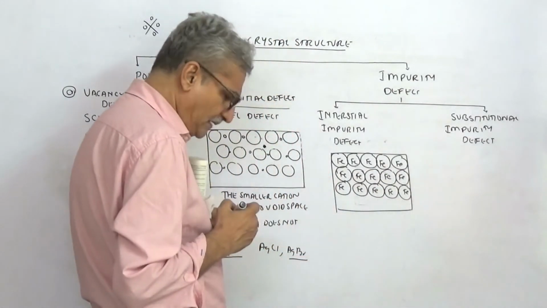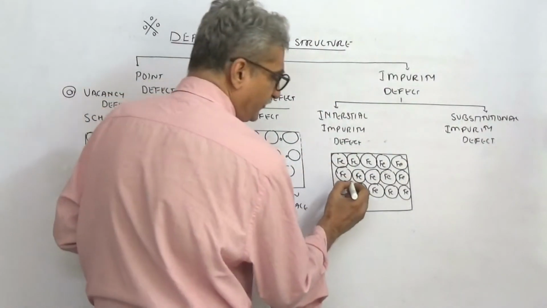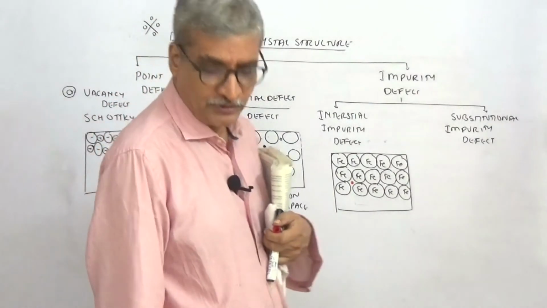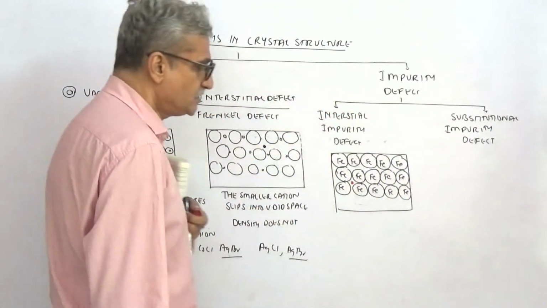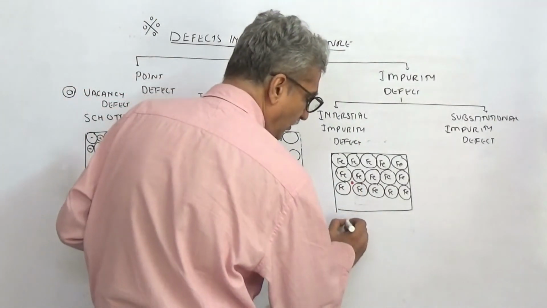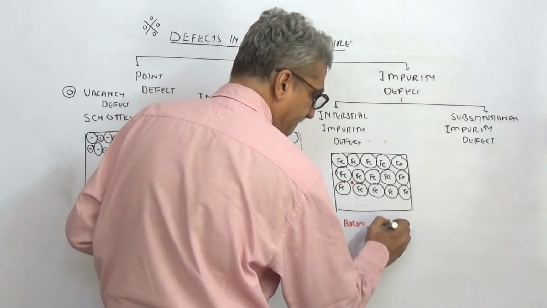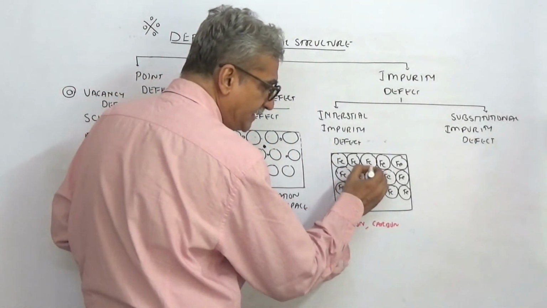So when you do that, what happens? Very small atoms, listen carefully, like for example boron. When you add an impurity like boron, carbon steel, right? So when you add a small impurity like boron or carbon, what happens? They go and place themselves in the interstices.